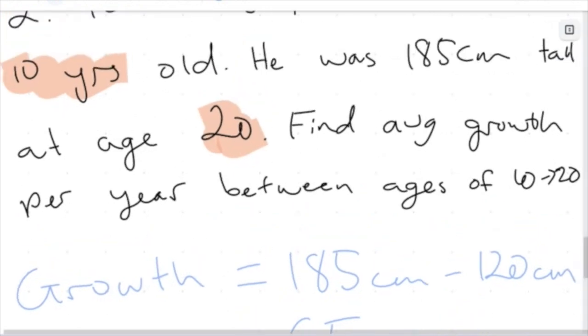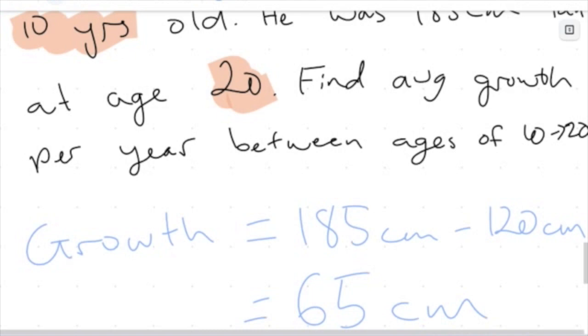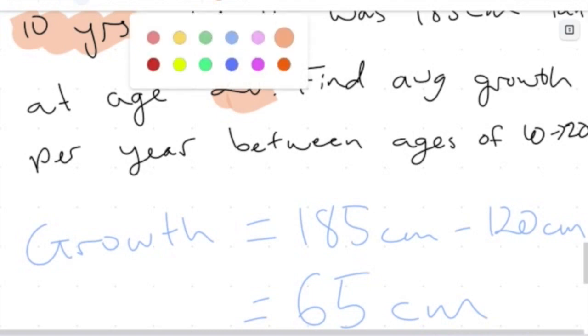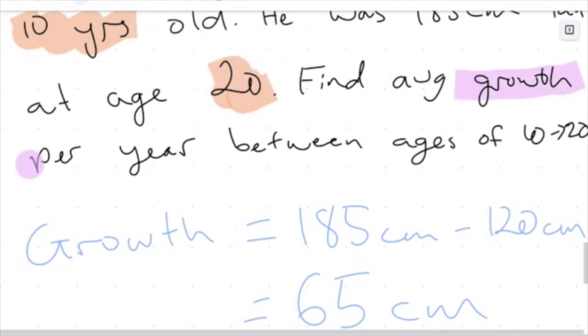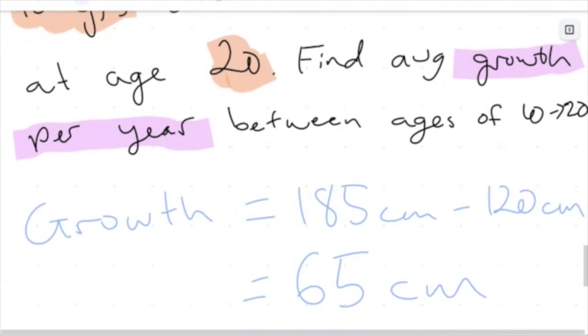And then the next part of our question, remember we're finding the average growth per year. So the years is that second quantity we're measuring his growth against. So to find the average, we need to find over how many years did he grow?